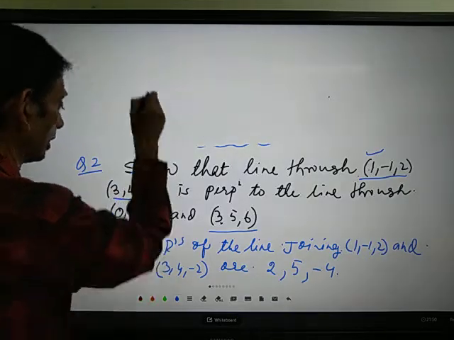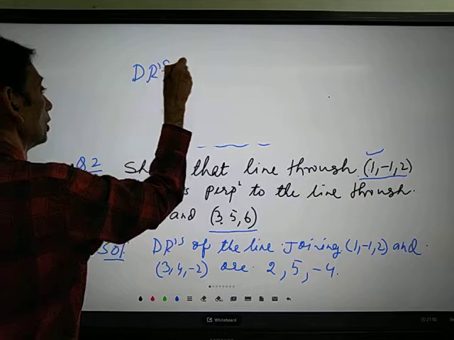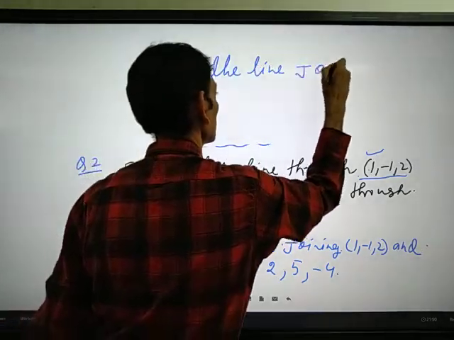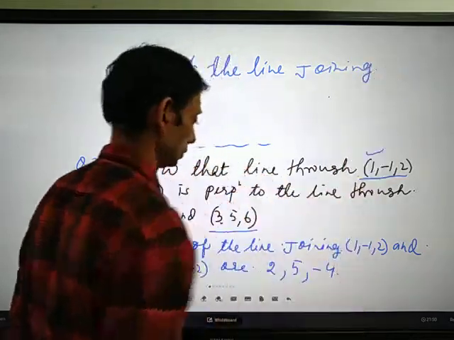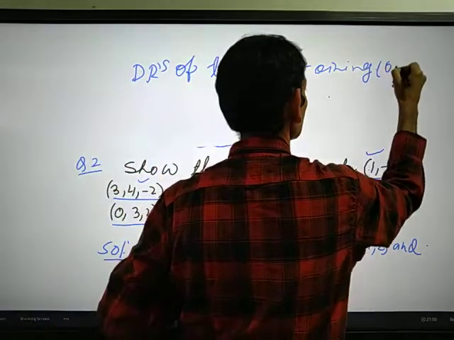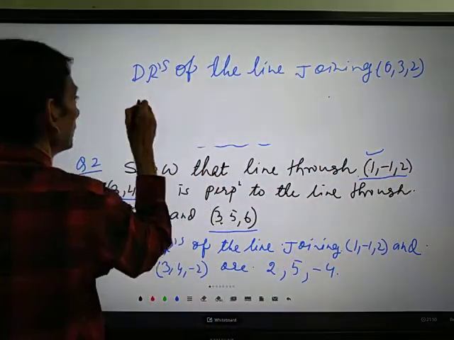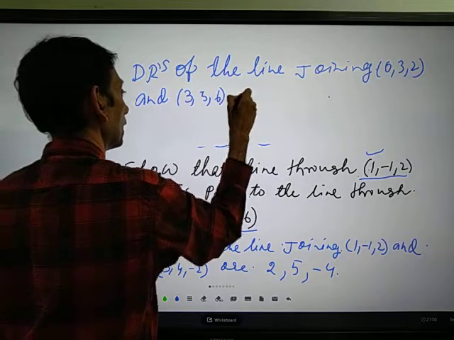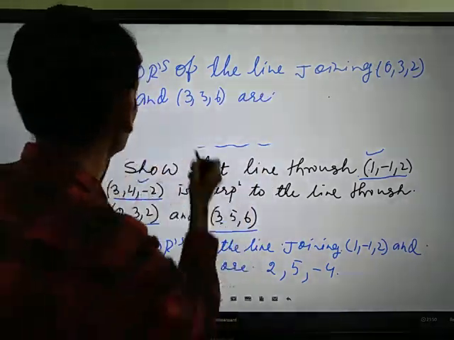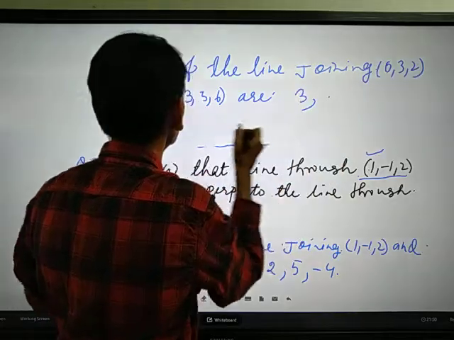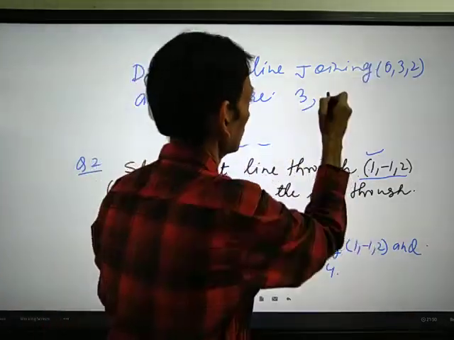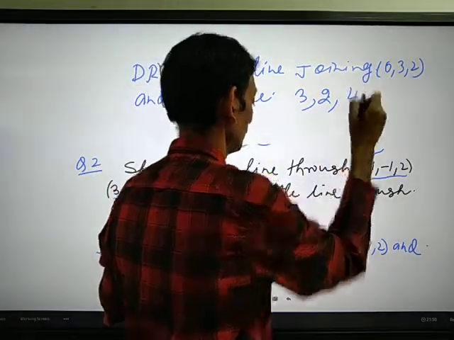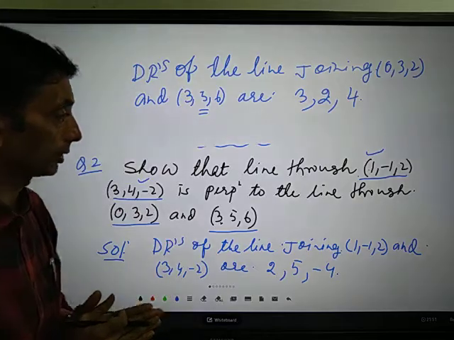It is 3 minus 0, which is 3, 5 minus 3, which is 2, and 6 minus 2, which is equal to 4. So we got the direction ratio of the 2 lines.